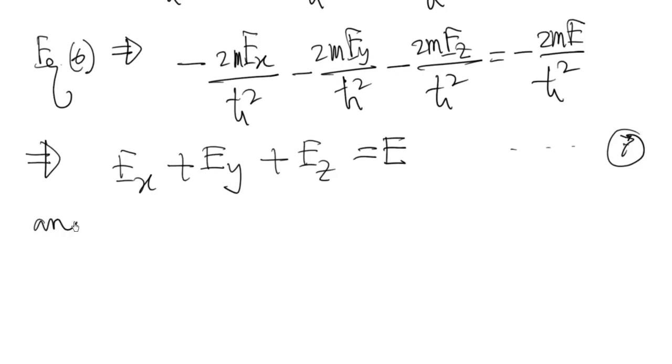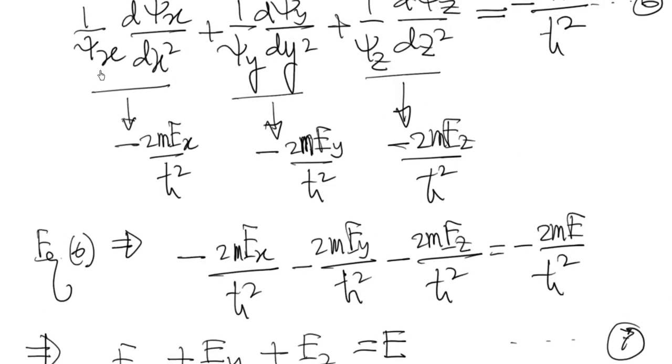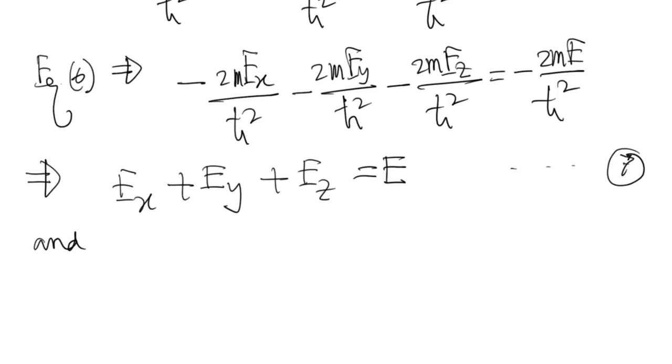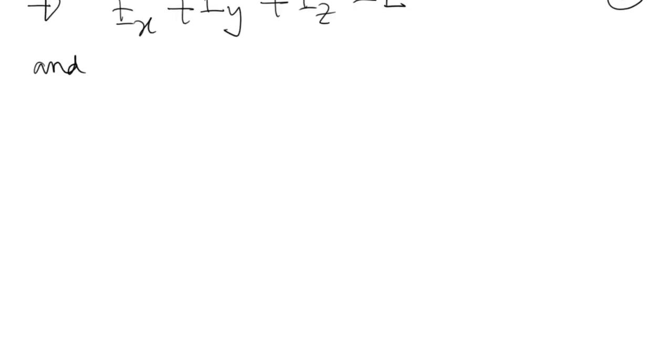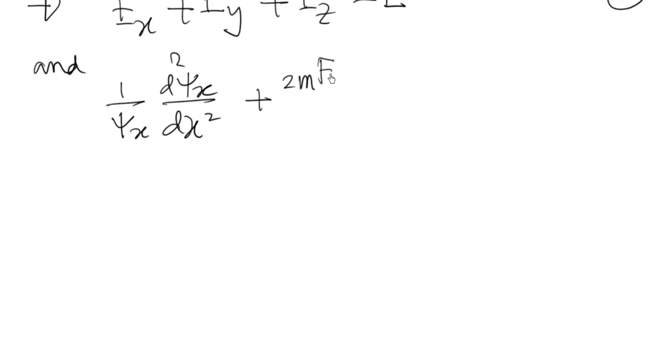And we have the first term, second term, and third term. So we can write down one by psi x d square psi x by dx square equal to minus 2m Ex by h cut square, and this is equation 8.